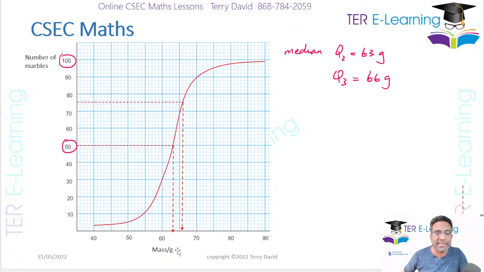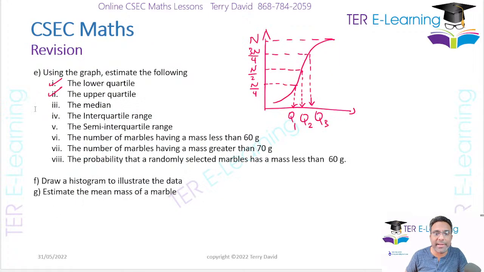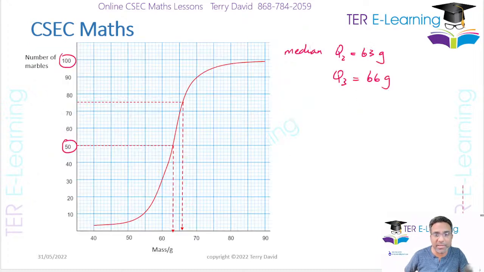So the next thing now, that is my upper quartile. I've worked out the median already. Your lower quartile, or your Q1, is going to be 1/4 of your data. So 1/4 of 100 is actually 25.